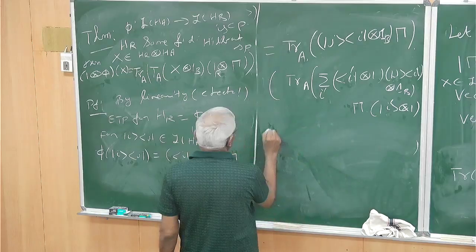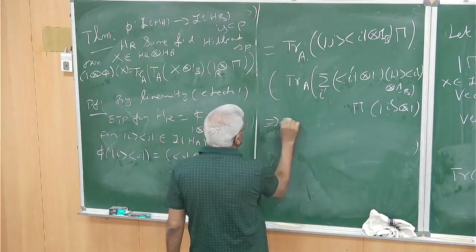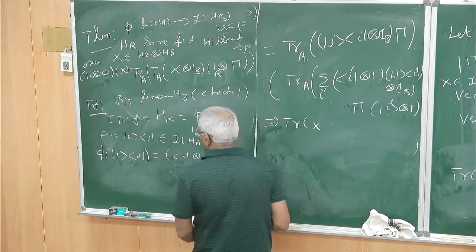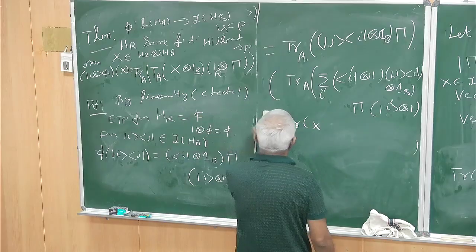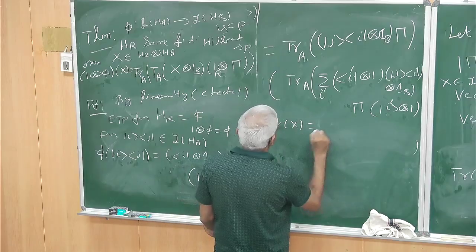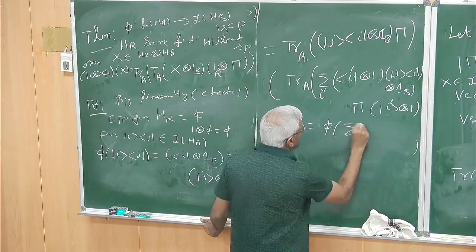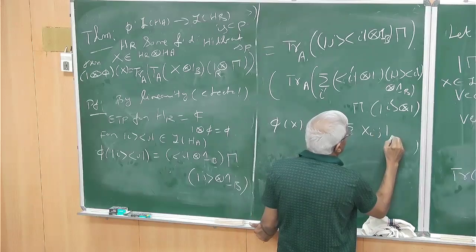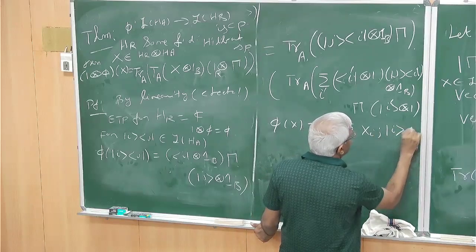So this implies phi of any x is equal to phi of summation x_ij I j.